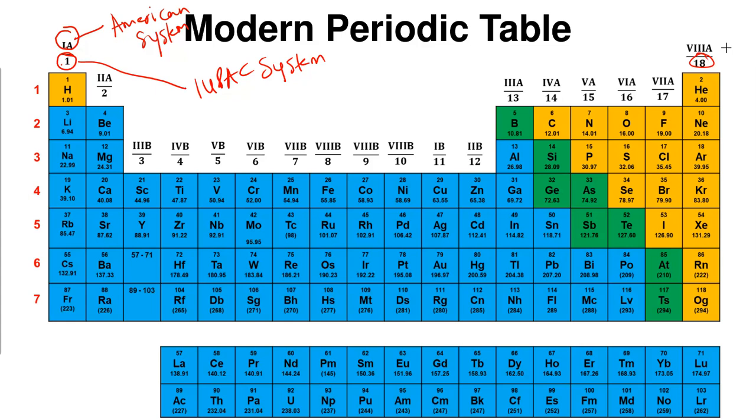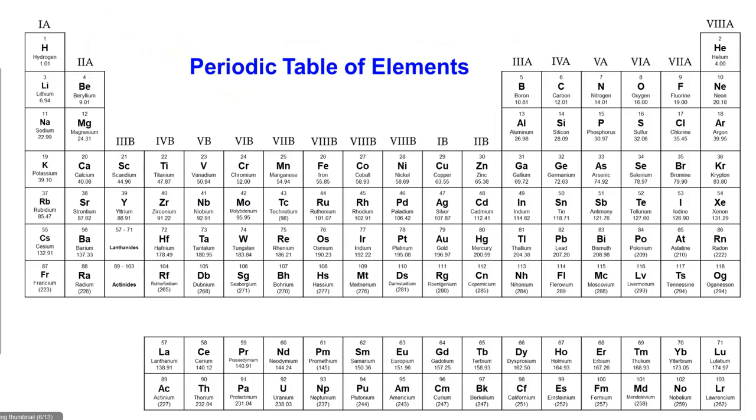But again, I try to combine these to let students understand that these two can be used. However, America still uses particularly the one that goes with the Roman numeral and A or B. So this is what it looks like. This is the full periodic table, using only the American system.